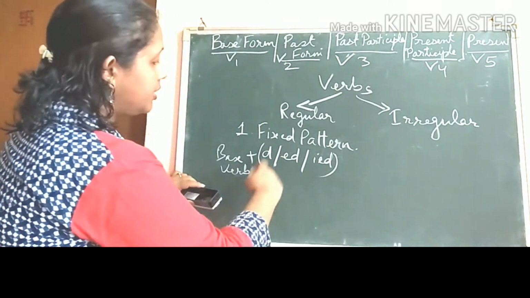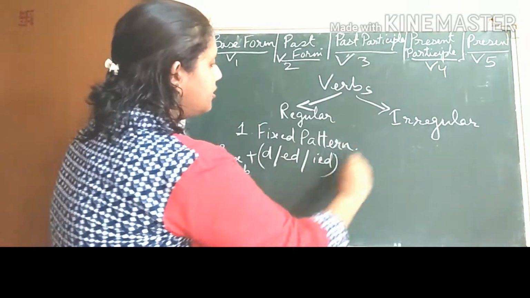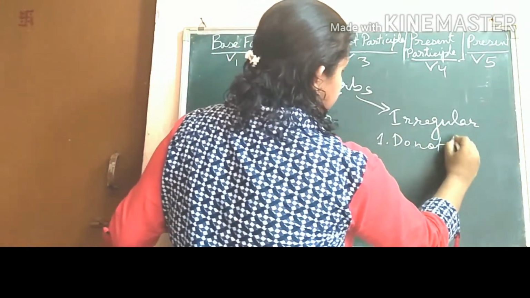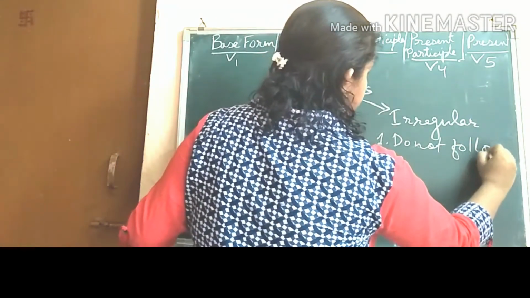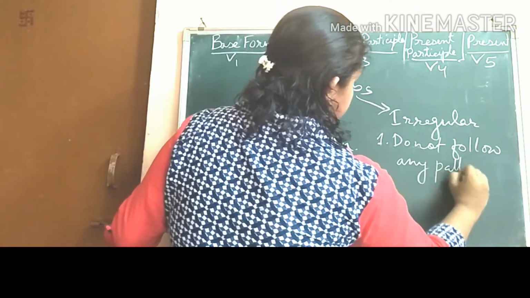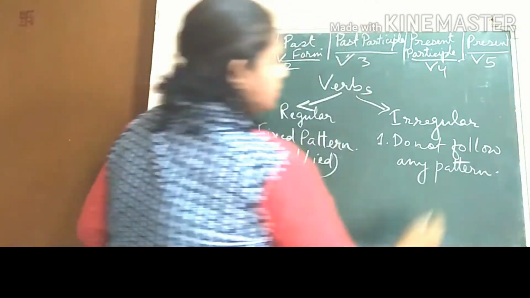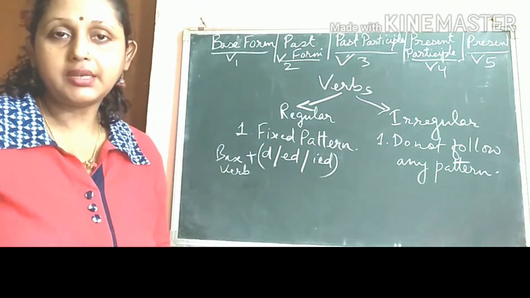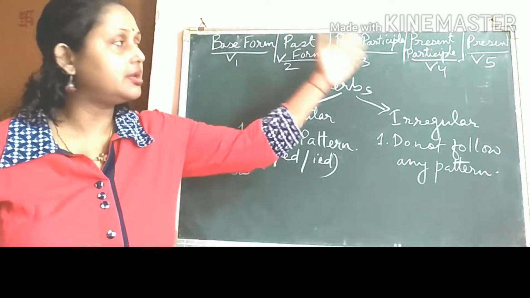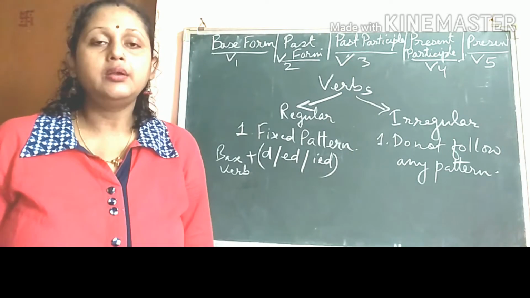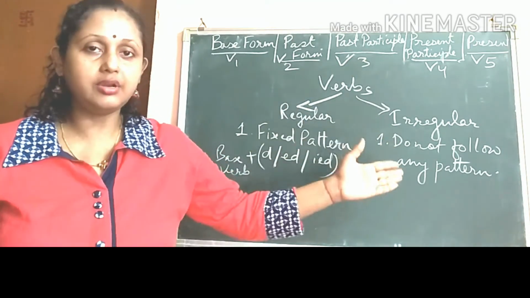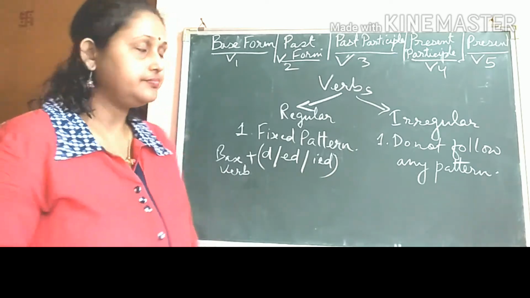And irregular verbs do not follow any pattern. They do not follow any pattern to change from base form to past and past participle. Okay, so let us learn these regular and irregular verbs in detail.